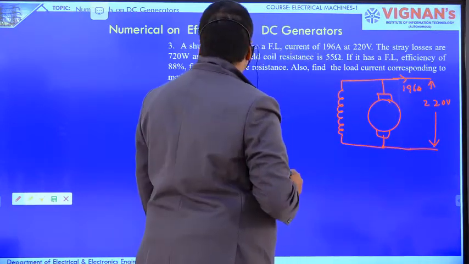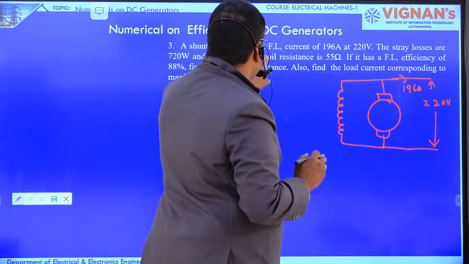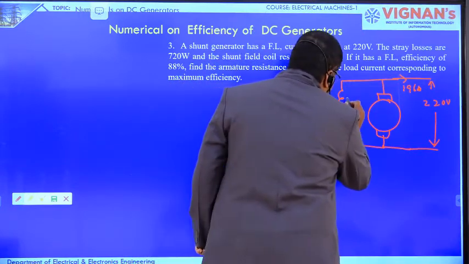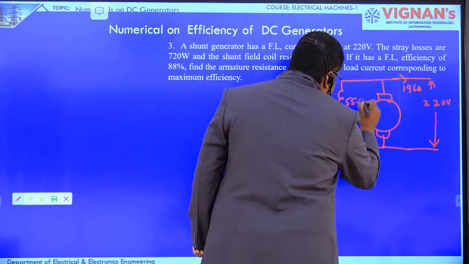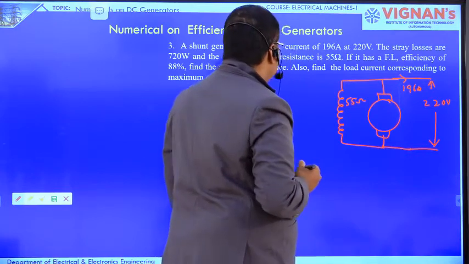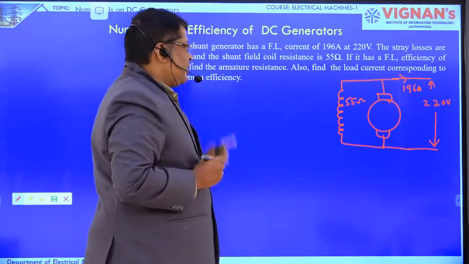The stray loss is given separately. We are asked to find out the armature resistance.